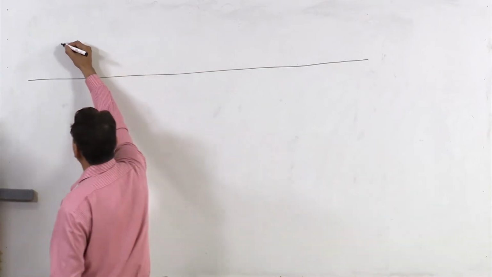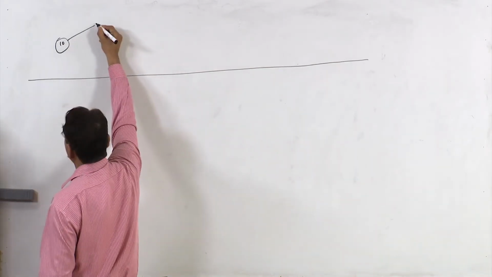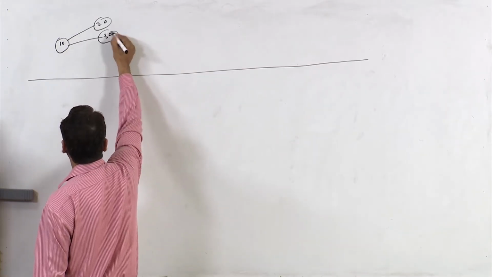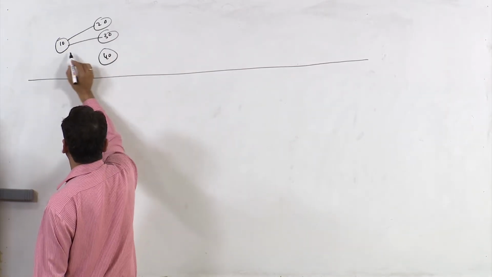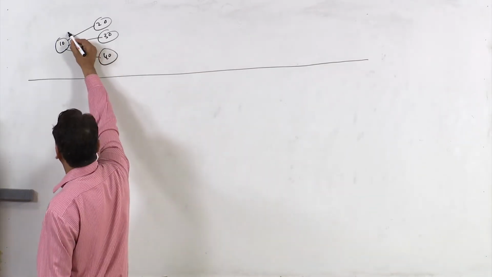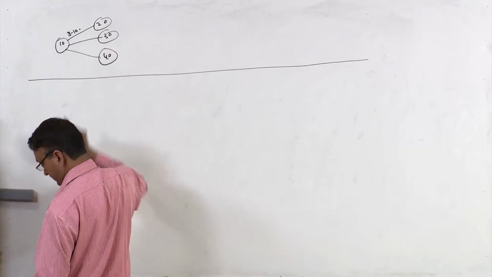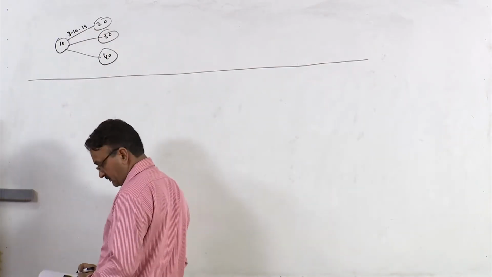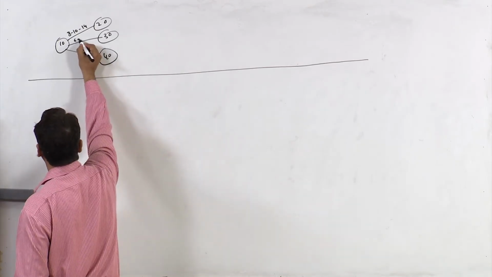This is 10, this is 20, 30 and 40, and the time estimates are 8, 10 and 14. Then we have 6, 8 and 10.